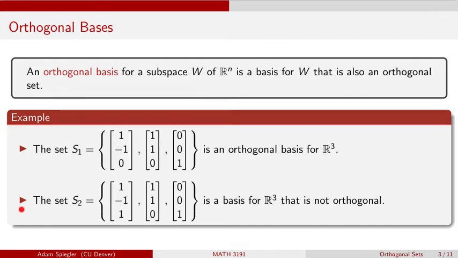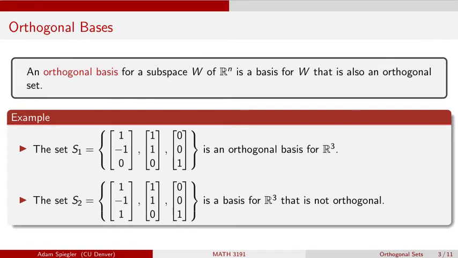Down below, this second example, S2, consists of three vectors from R3 again, but now we're going to change the first vector in this set to 1, minus 1, 1. And the second vector we keep the same, 1, 1, 0. And the third vector in this set we keep the same as the previous case. It is 0, 0, 1.